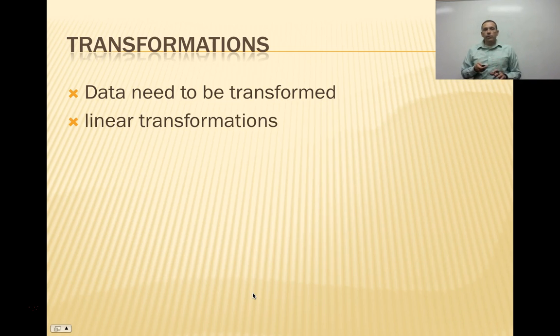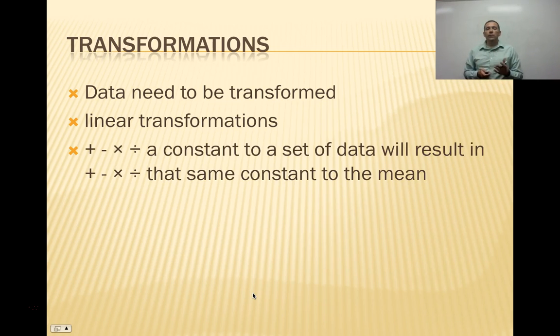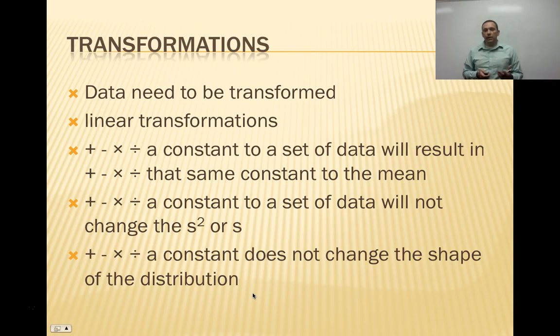When we talk about transformations, one of the most basic kinds, and the one we'll deal with primarily, is the idea of linear transformations. I just want to give you the nuts and bolts of linear transformations. When you add or subtract a constant, it does the same thing to the mean. It will add or subtract, multiply or divide the mean by that same constant. However, those changes don't affect the standard deviation or variance.